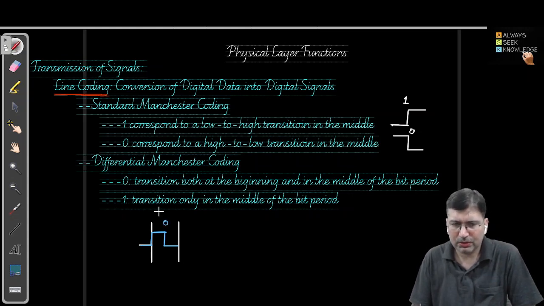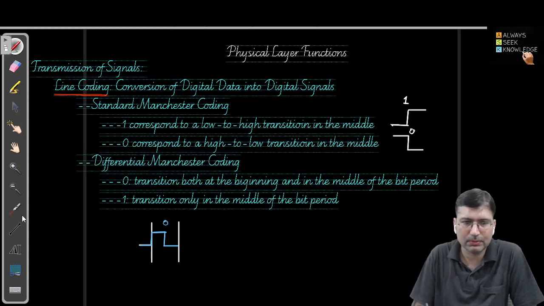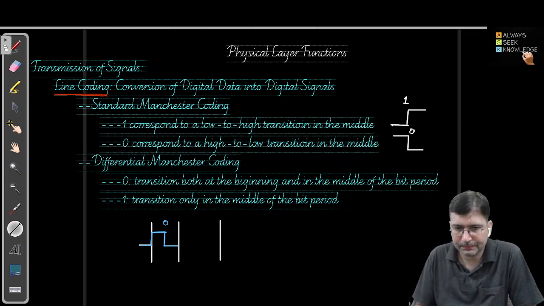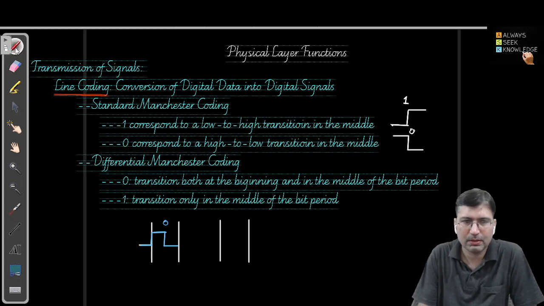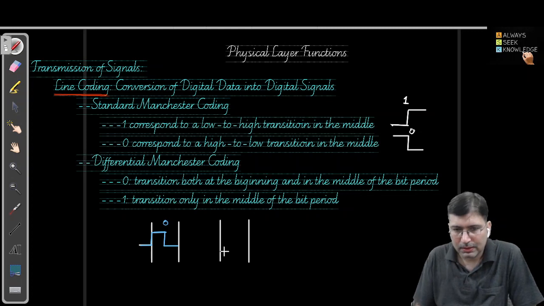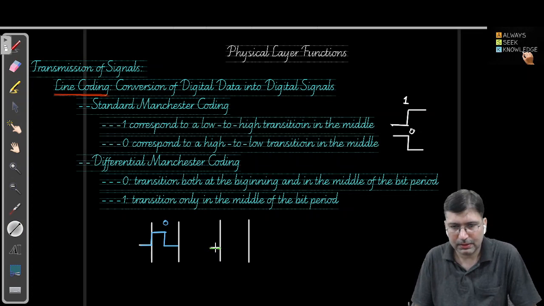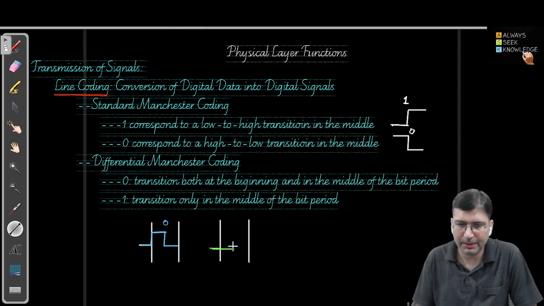But in case of 1, there is a transition only in the middle of the bit. So if 0 was coming and in this bit period we want to represent 1, and low was earlier, then it will not change at the start. The low level will be maintained till the middle of the bit period, and then the transition will happen.